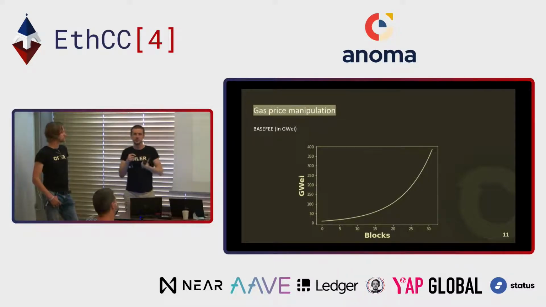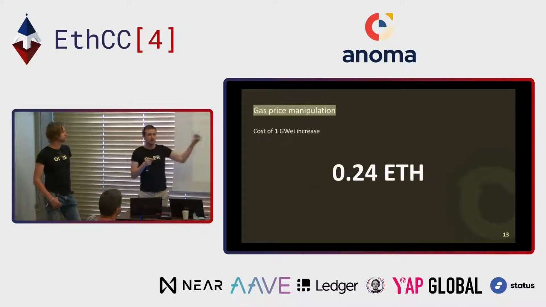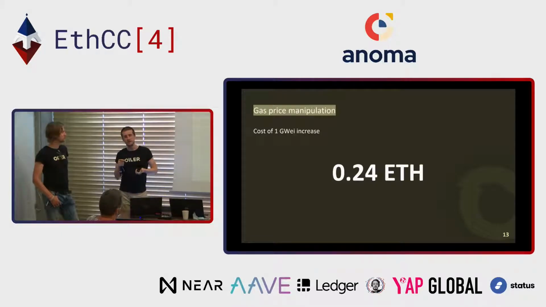It's a 40 times increase of the base fee, and it costs around $200,000 at today's Ethereum value. So the cost is here really. For the temporary growth, you pay around $500 per 1 Gwei of base fee growth, and you can keep pushing it as long as you have money for that.